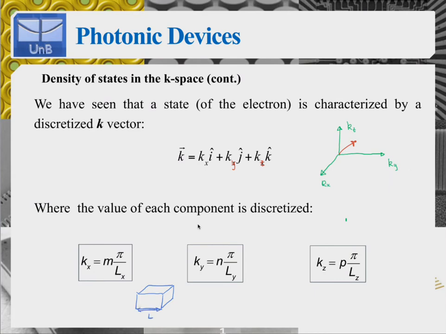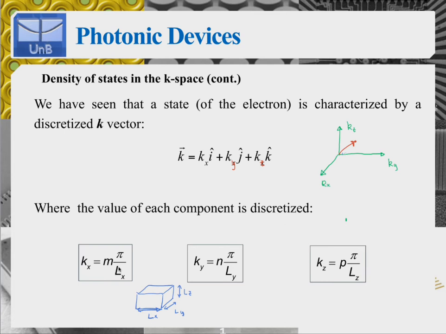So, for example, this could be Lx, Ly, and Lz, the dimensions of the piece of semiconductor, and the wave vector k is related to the momentum of the electron inside this solid, and the k values that it could assume are discretized.